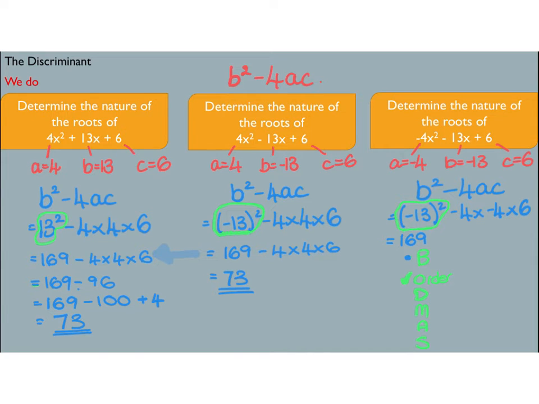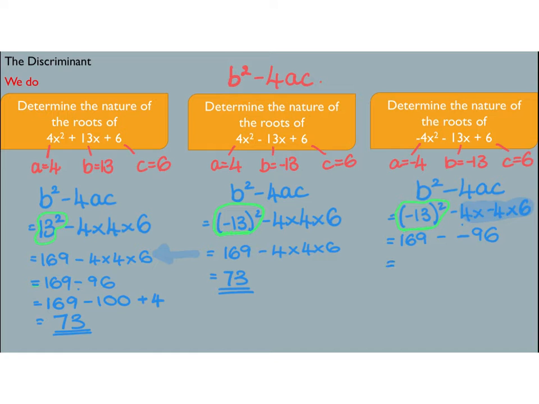Right, next one. We've got take away 4 times minus 4 times 6. Now we know that 4 times 4 times 6 made 96, so this one's going to make minus 96.